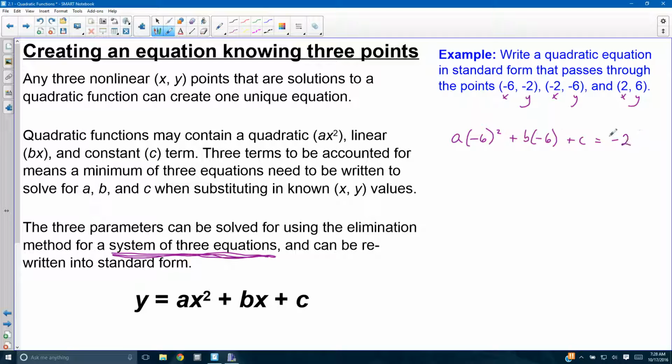There is one of my 3 equations, and I'm going to, of course, rewrite it so it's a little cleaner. Negative 6 squared is 36, so 36a minus 6b plus c is negative 2. Second equation, substituting in negative 2 for x and negative 6 for y, will look like this.